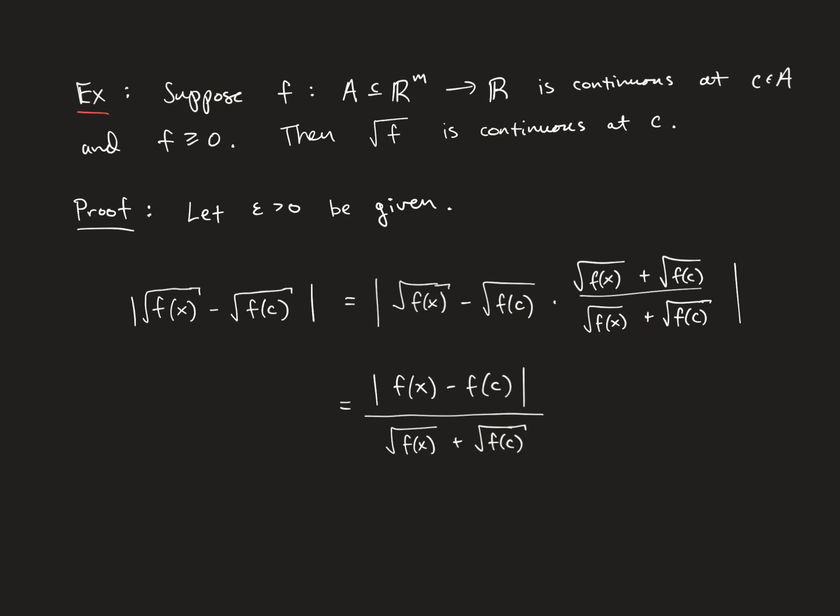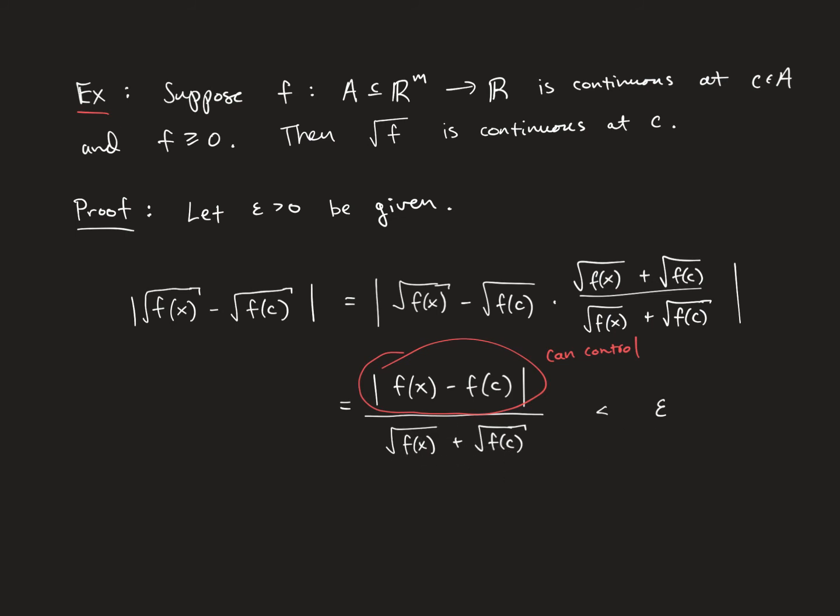And then what I want is to make this less than epsilon, right? What I have control over, because I know my function f is continuous, is that I can make f of x minus f of c as small as I'd like just by controlling x and c. So I can control this. What you'd like is to take this denominator and move it over here, except the problem is you have this x, so this is not a constant in the denominator to be moved around.